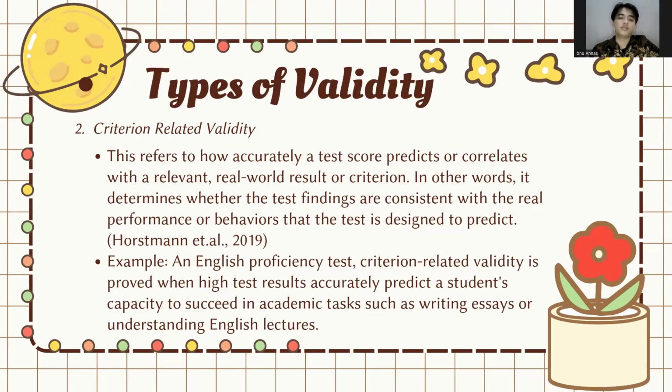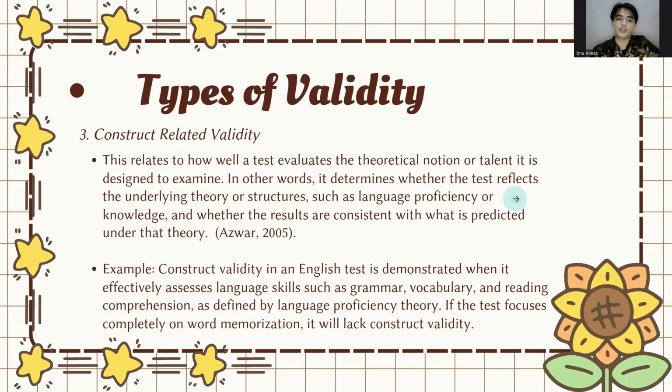As an example, same as content-related validity, I take an example from the English test. For an English proficiency test, criterion-related validity is shown when a high test result accurately predicts a student's capacity to succeed in academic tasks such as writing essays or understanding English literature.